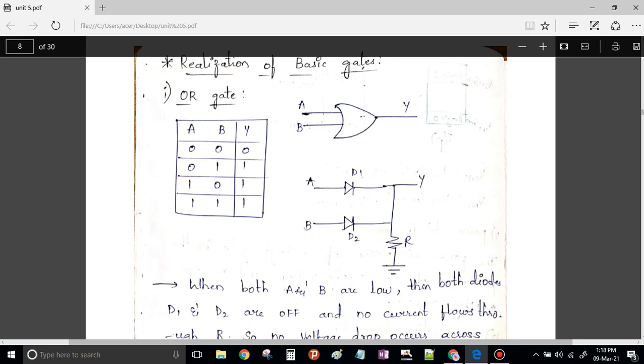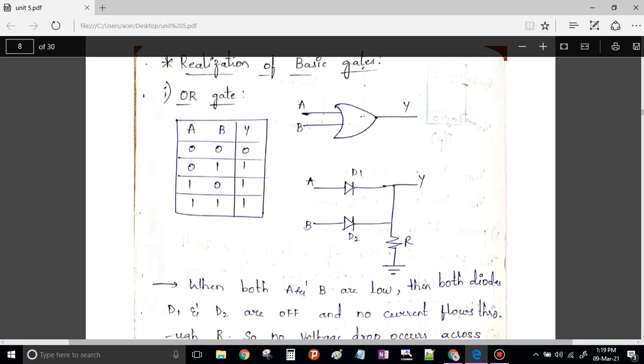In the next case, when A is 1 and B is 0, D2 will be reverse biased, an open circuit. As A is 1, D1 is in forward bias, a closed circuit, on. Therefore this 1 will come at the output side, and your output is 1.